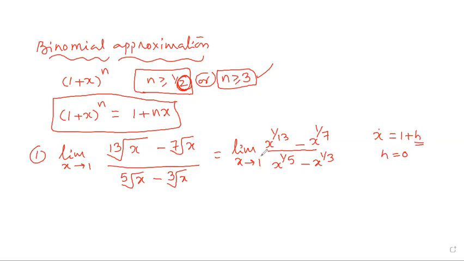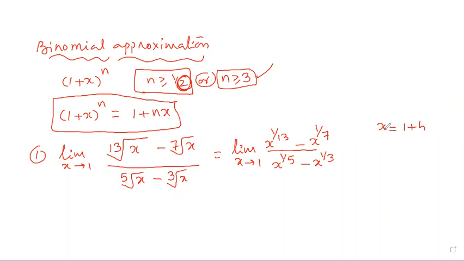Is it correct? Already given x is equal to 1. So h value is 0, then x will become 1. Any problem given like this one we can take. So everyone observe: x is equal to 1 plus h.